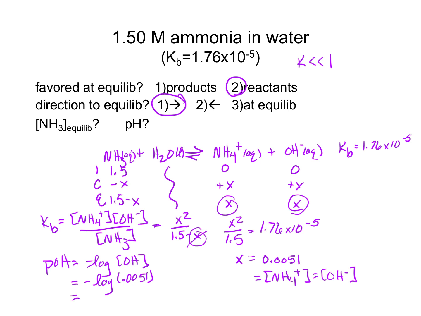That gives me a pOH of 2.29. And then 14 is equal to the pH plus the pOH. So 14 minus 2.29 is going to be equal to the pH, which is 11.71.